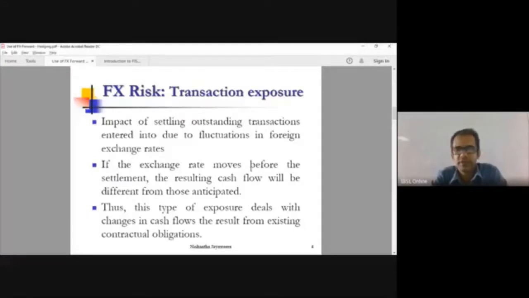It may be in your favor or it may be against you. So that type of risk exposure, we call it transaction exposure. Because of a transaction that you have entered into, you get the exposure to exchange rate risk. This we call transaction exposure.